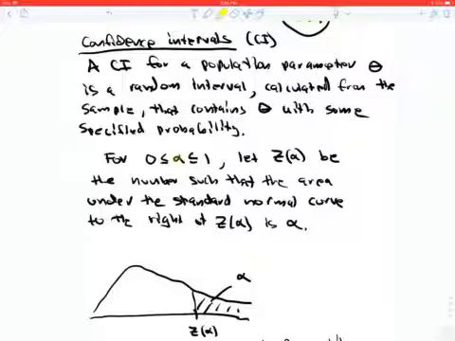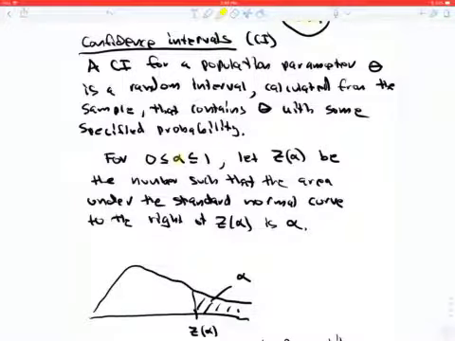So for example, if you're looking for a 95% confidence interval, alpha then would be 0.05. Z alpha, which is sometimes written Z sub alpha, I'm being a little bit inconsistent in my notation, and I can't quite remember what the book uses here. But in any case, Z alpha is the number such that the area under the standard normal curve to the right of Z alpha is alpha.